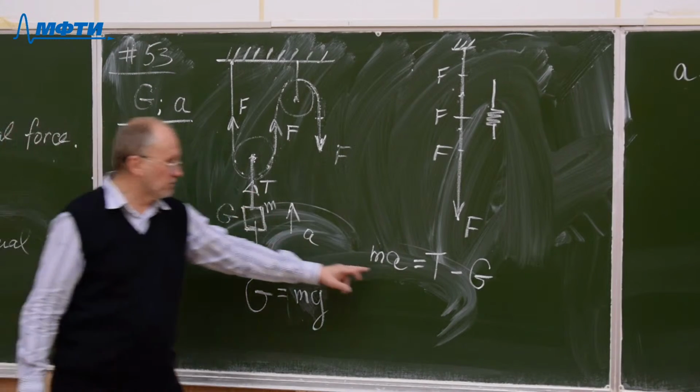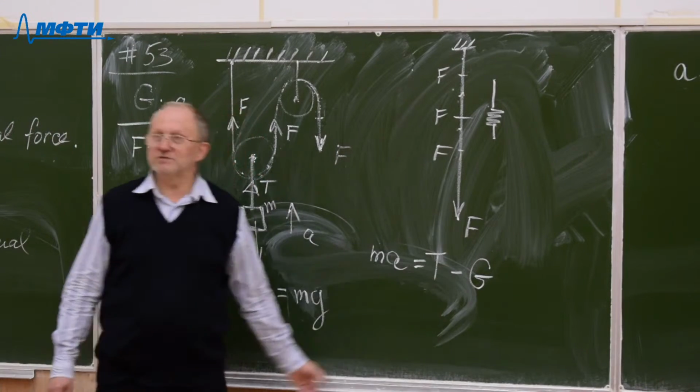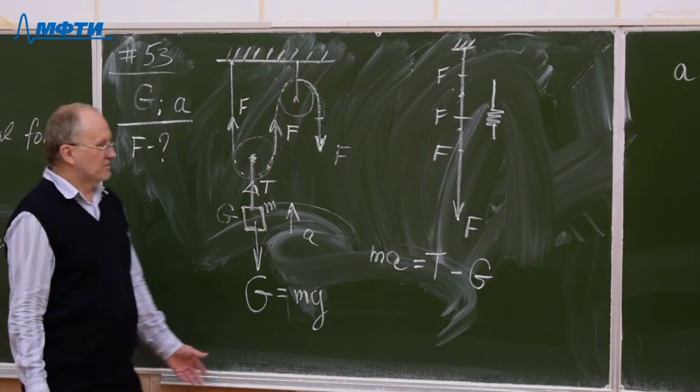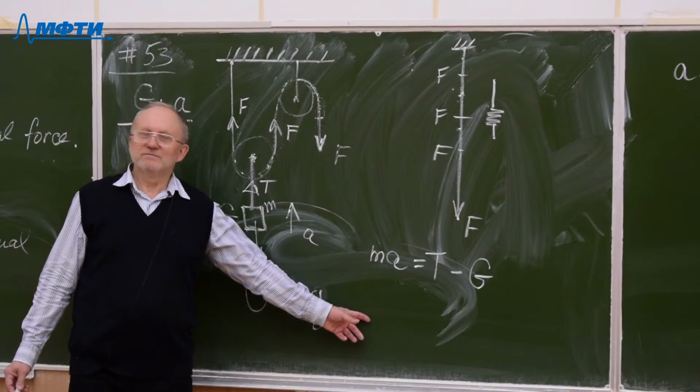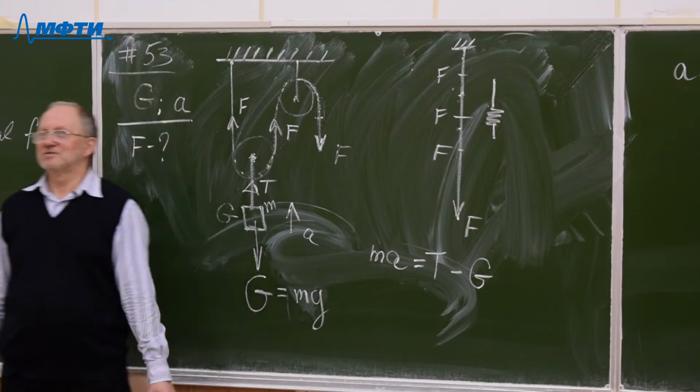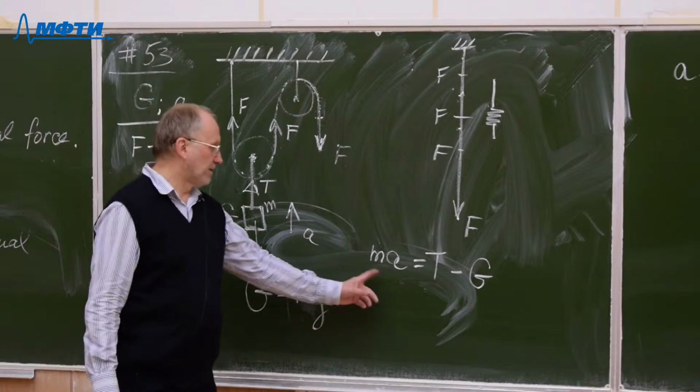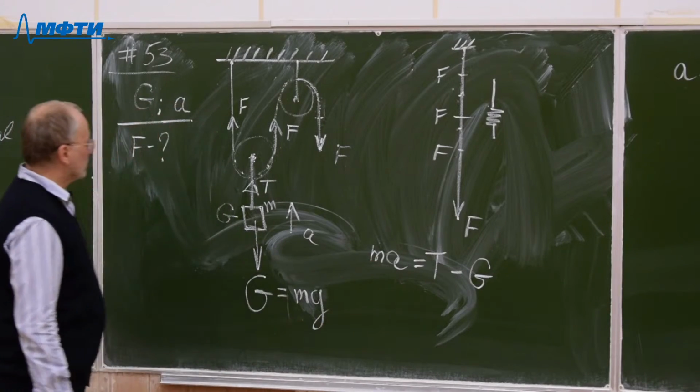Two unknown quantities in one equation. It's impossible to find anything. We must somehow write down another equation in order to solve the problem. Two unknown quantities for one equation is too much to solve it.